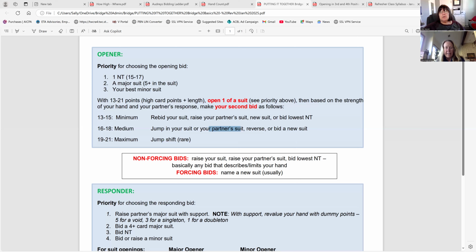I'm just seeing the page that shows the opener and the responder. I'm not seeing the examples. You're seeing the page that has the blue, and you're not seeing this page. That's interesting, because it shows I'm sharing this page.